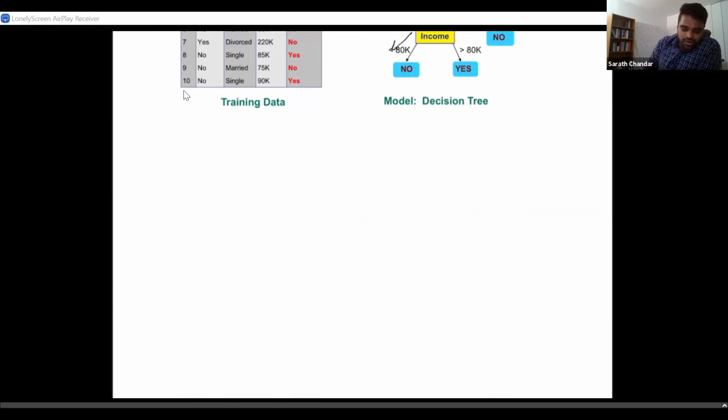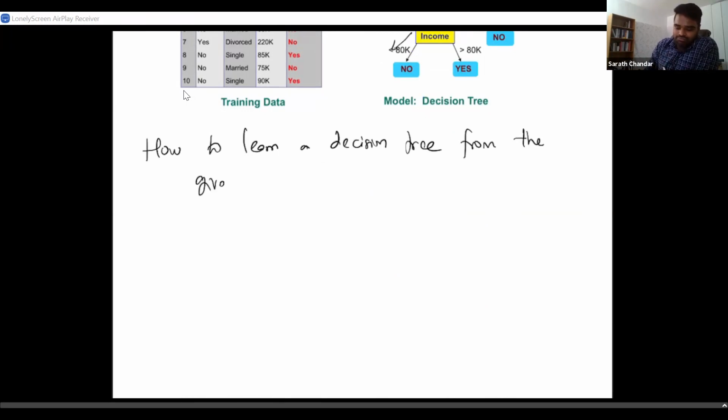Okay, so how to learn a decision tree. By the way, there are many ways of learning the decision tree, but we would just see one flavor of the algorithm. If you want to explore more about decision trees, you could go read by yourselves. So how to learn the decision tree from the given data set.